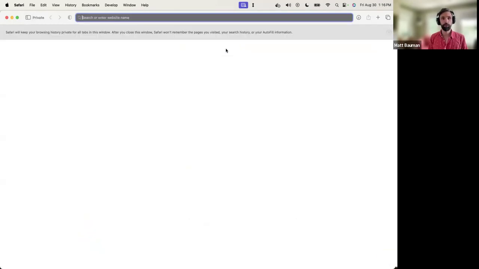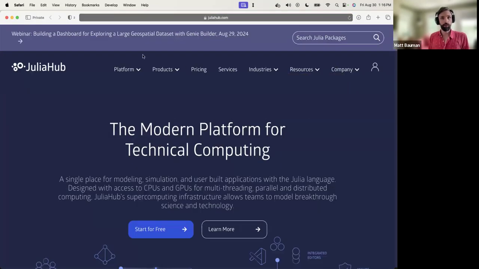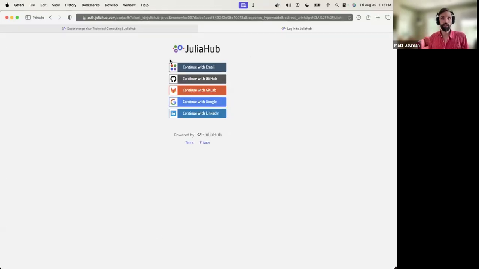If I go to JuliaHub.com without logging in, you'll land at our general landing page, and you want to click start for free and log in however you like, either email registration or any of the open authentication options.